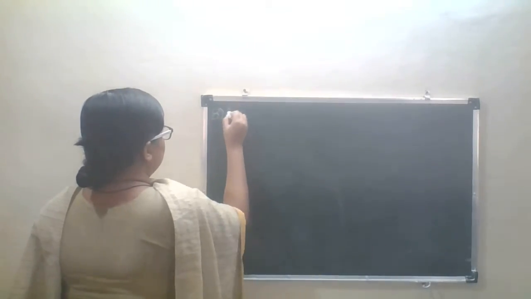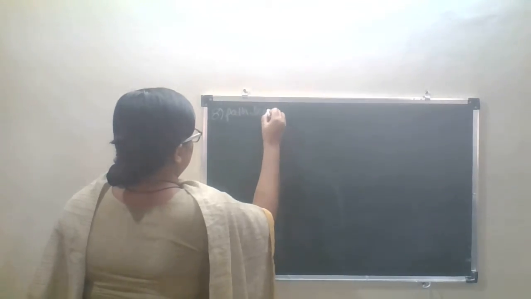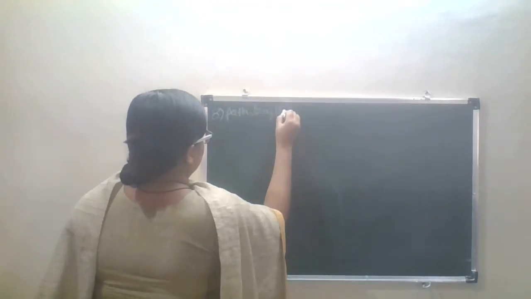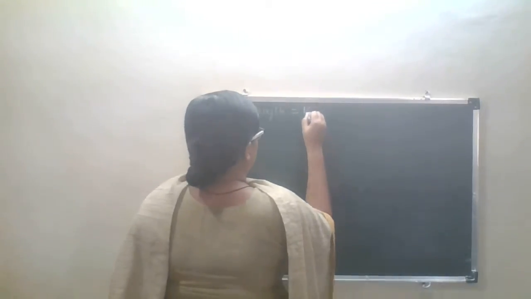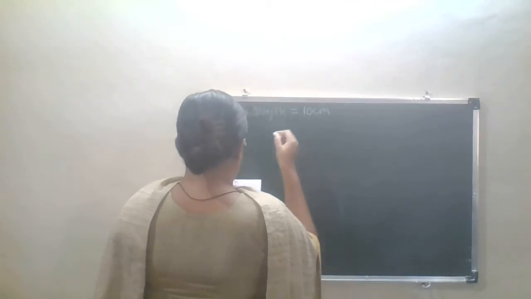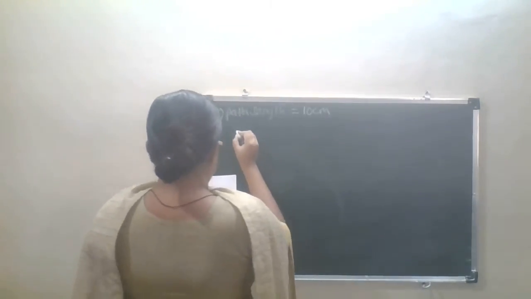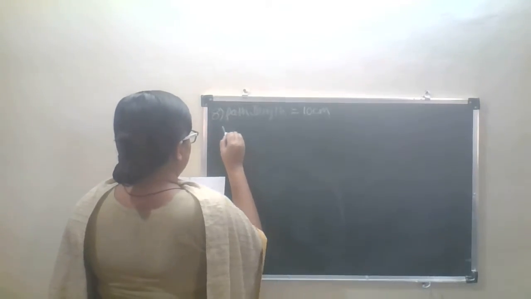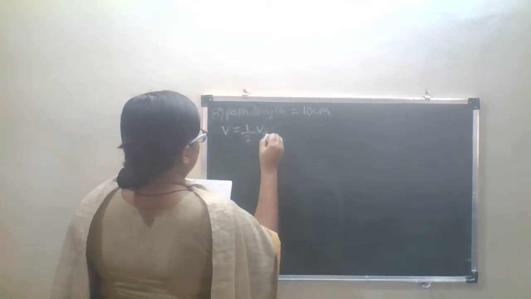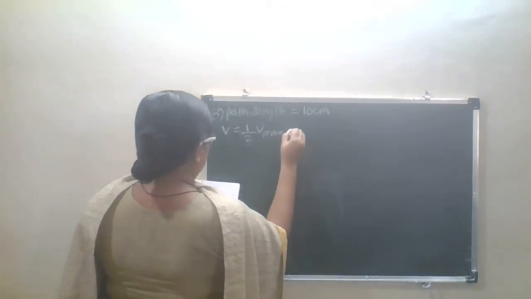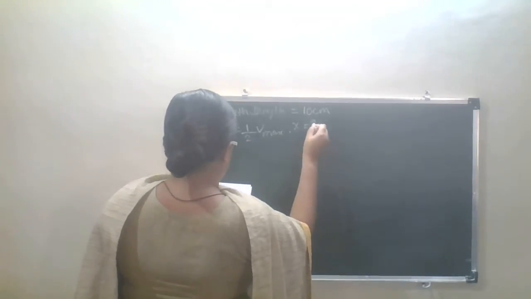In this, path length is given as 10 centimeter, and speed is half of V max, and we have to find x is equal to question mark.